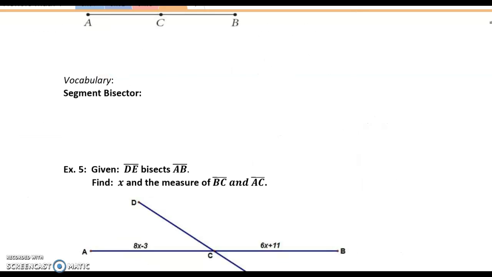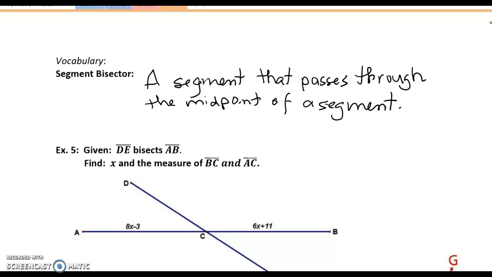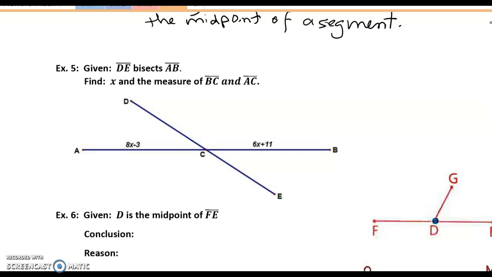Okay, so I'm now moving on to the definition of a segment bisector. All right, a segment bisector is a segment that passes through the midpoint of another segment. So for example 5, you're given that segment DE bisects segment AB.